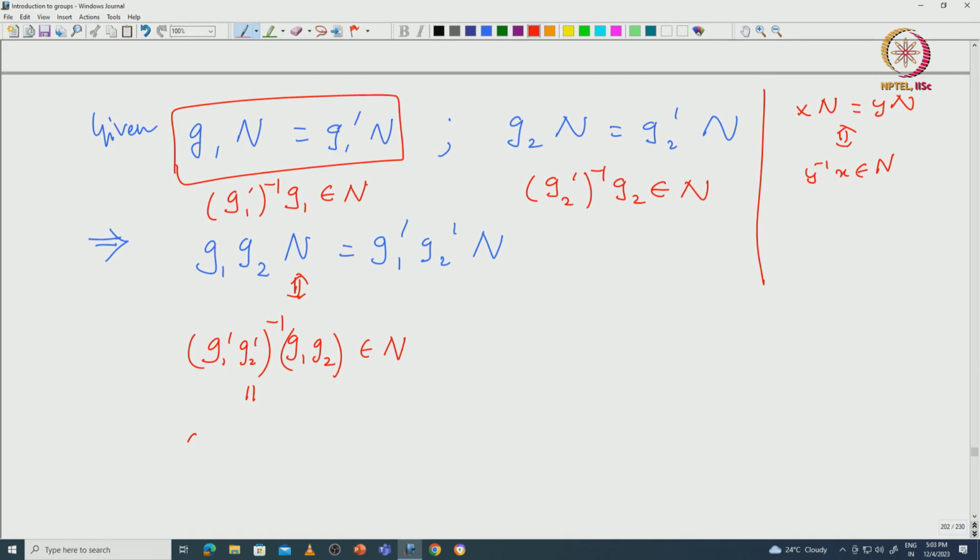This is exactly equal to G2 dash inverse G1 dash inverse G1 and then G2.